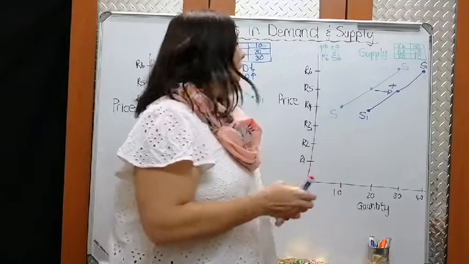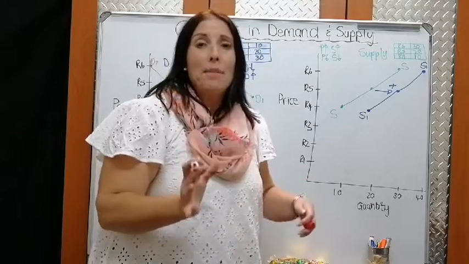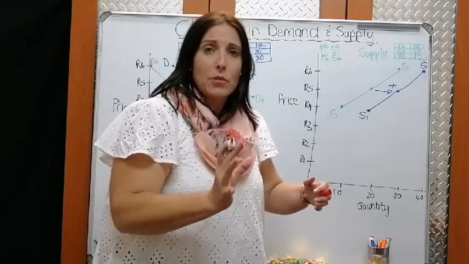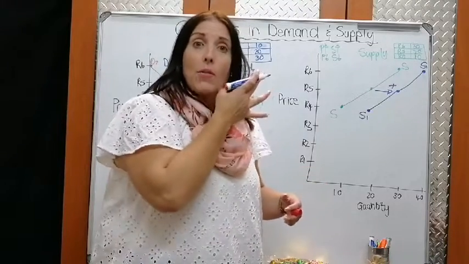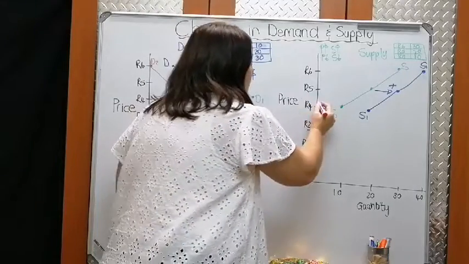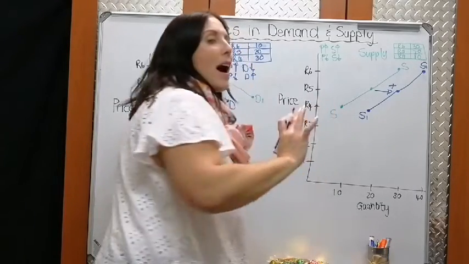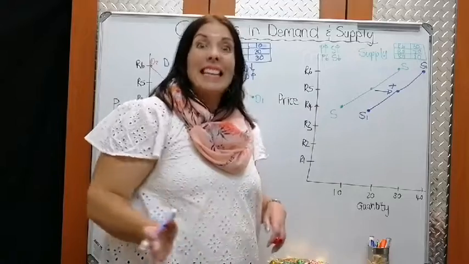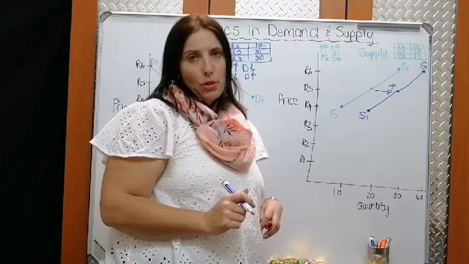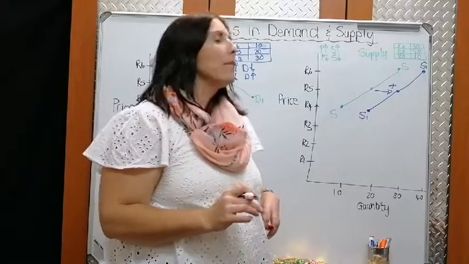Now at 4 Rand, I might not be prepared to supply any packets of chips to the market, because I won't make any profit or hardly any profit. So at 4 Rand, let's say, for example, I'm not prepared to supply any amount of Twinkels chips to the market. It's just not worth my while. Good.